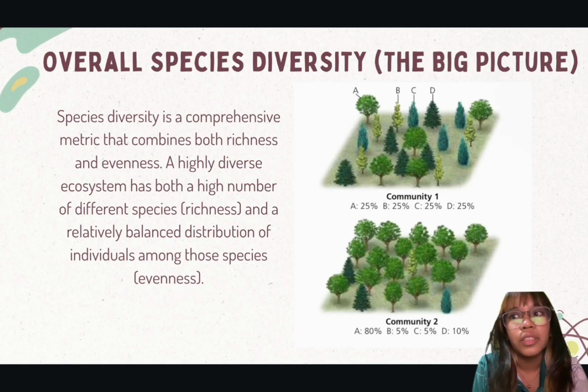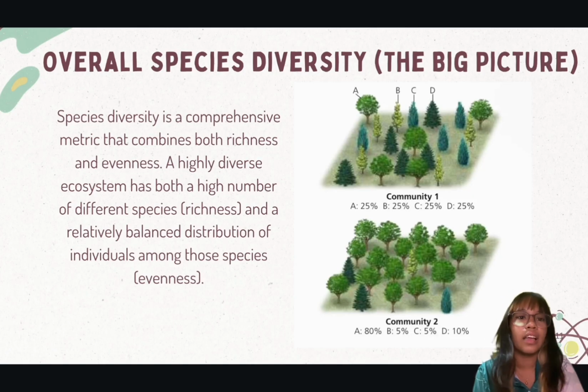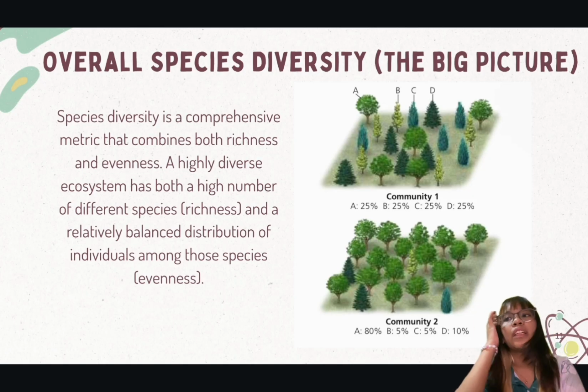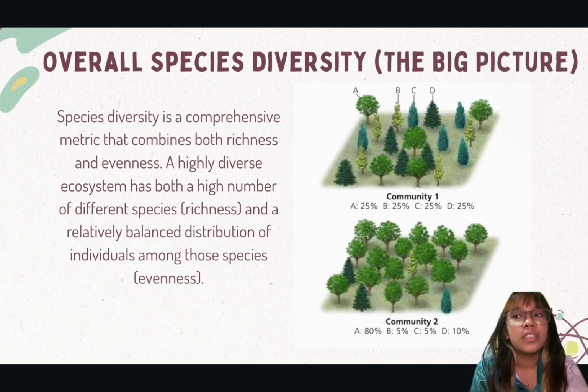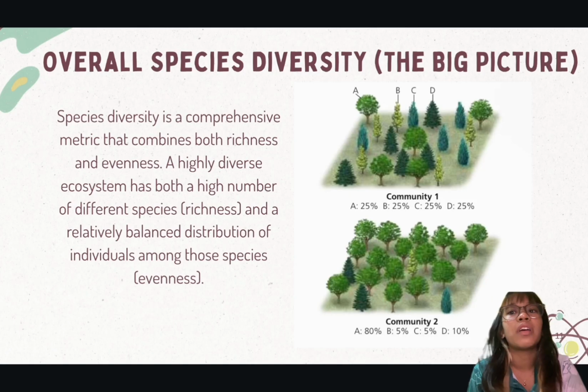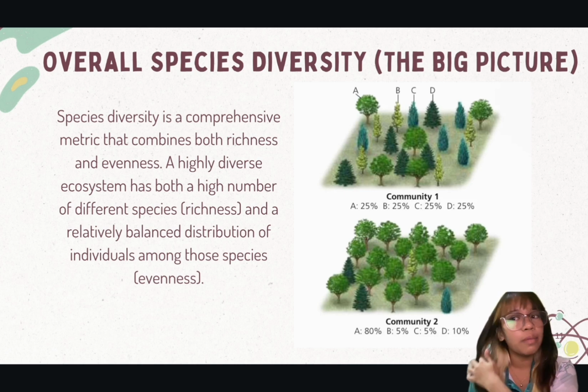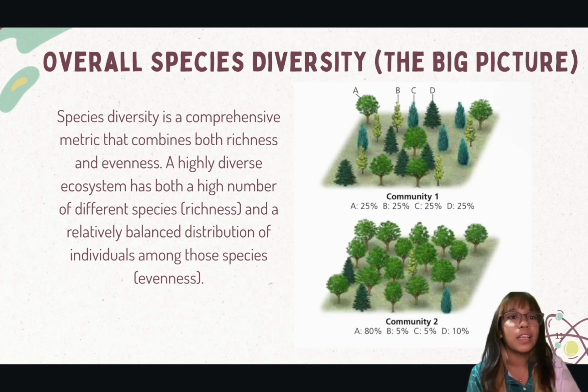Since the population is balanced, it has a high evenness. While in Community 2, same 4 types of trees, the richness is identical to Community 1. However, tree A dominates the area at 80%, while the others are just 5% to 10%. Means it has a low evenness. Ibig sabihin, Community 1 is more diverse because the ecosystem is balanced.